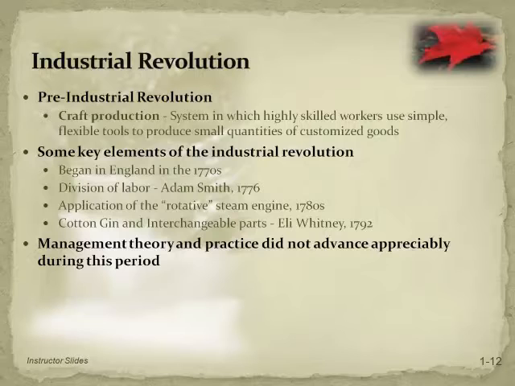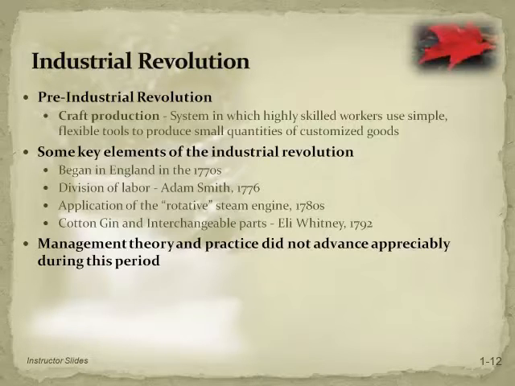But the Industrial Revolution came along, and the Industrial Revolution allowed humankind to be able to use machines in order to produce products and to be able to produce them in much greater volume and also reduce the cost of the product so that more people could afford to have them.